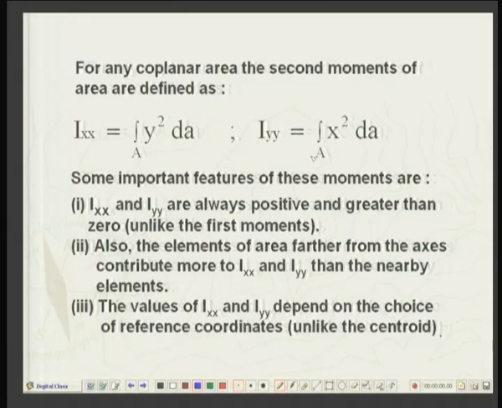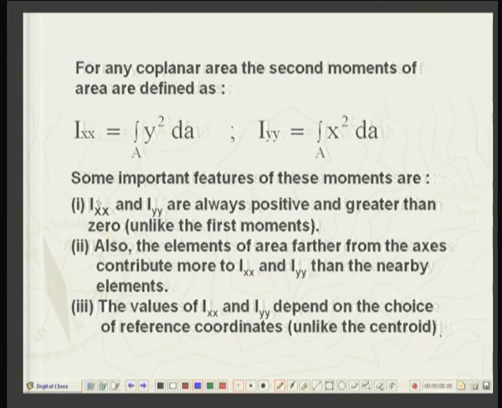Now, some important properties or features of these moments are: number 1, Ixx and Iyy are always positive and greater than 0, because they involve square terms. Whether it is a negative quantity or a positive quantity, the square will always be positive, and unless the area is 0, that is, it is just a point, a 0 dimensional surface, the quantity will be non-zero.